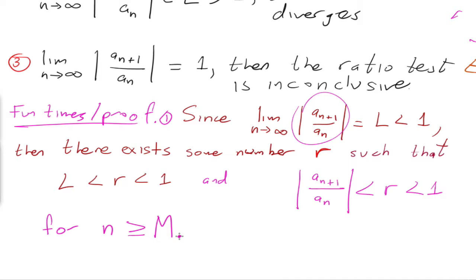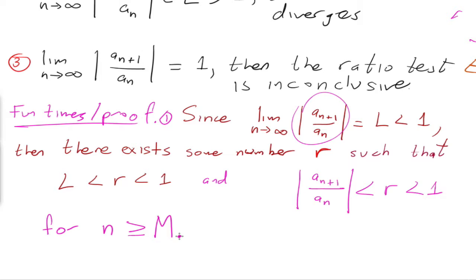So what we're saying is this ratio is less than R after that point m. That's when we say after the 100th term or the 1,000,000th term or the trillionth term, that's what we mean by this number m.